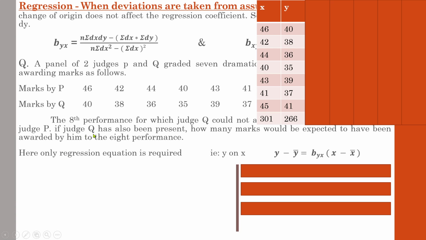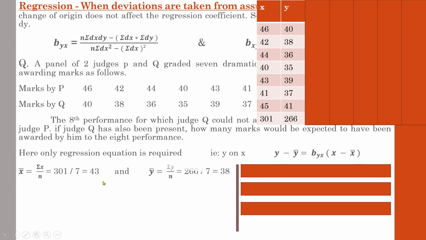So you need to find Q when P is given, and P is assumed as x and Q is assumed as y. Which one is unknown here? Definitely Q is unknown, because Q is assumed as y. When Q is unknown, the equation we use is y on x. That will be y minus y mean equal to byx into x minus x mean.